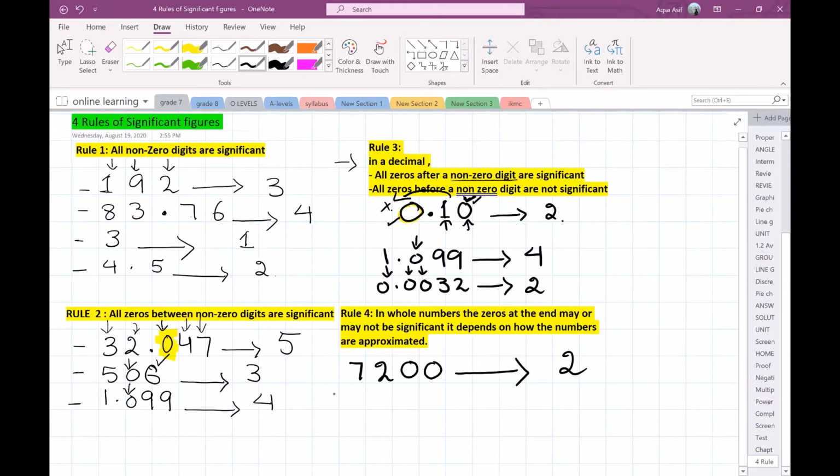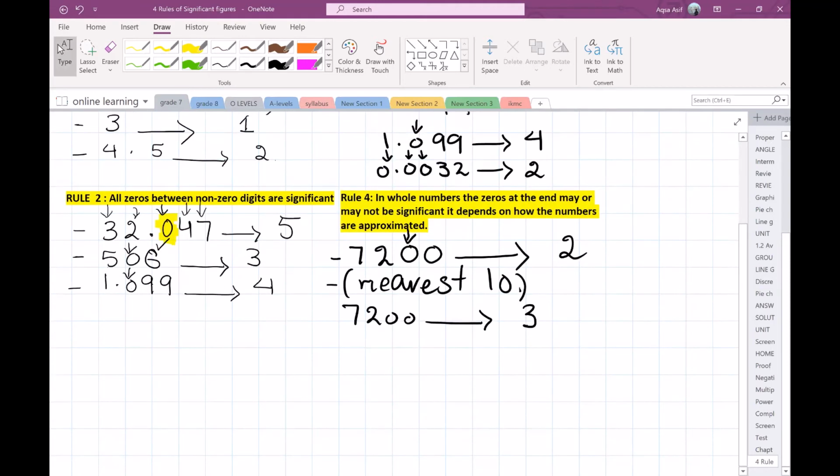But if the question has been changed and they have added information that you have to approximate it to the nearest 10. This means that this number will also be included. So for this particular case, the significant figure will be 3 if it has been approximated to the nearest 10. What if the same question has been approximated to the nearest 100?